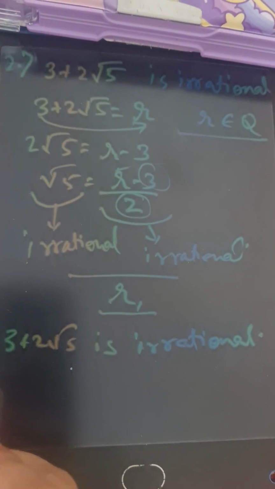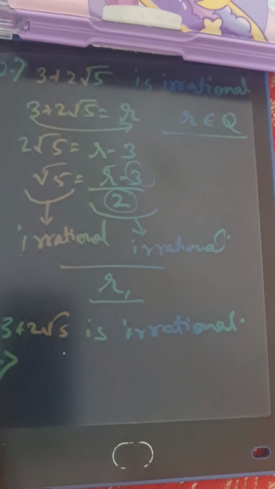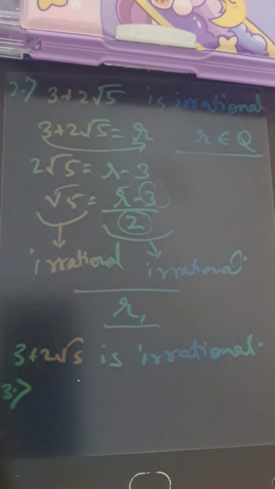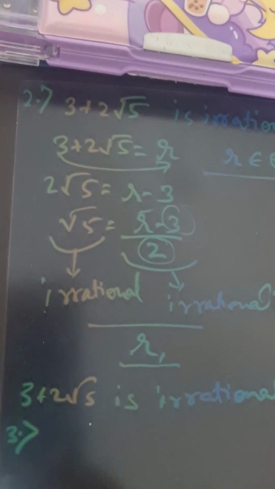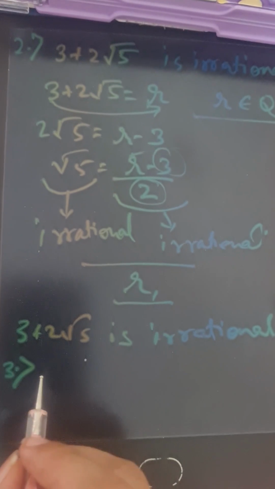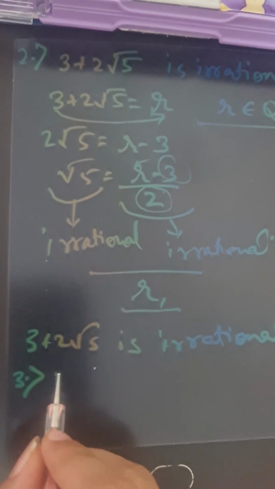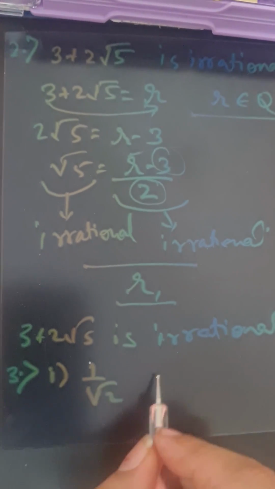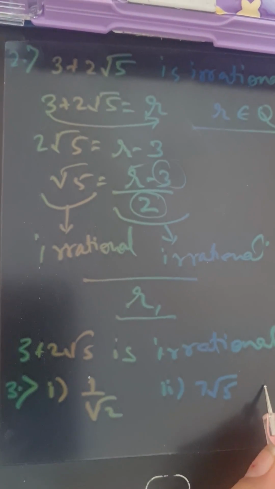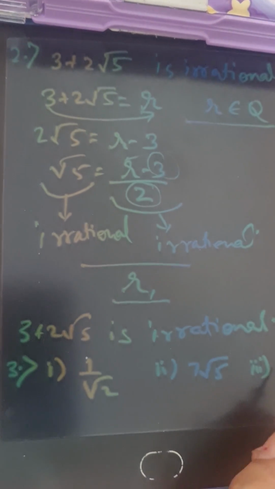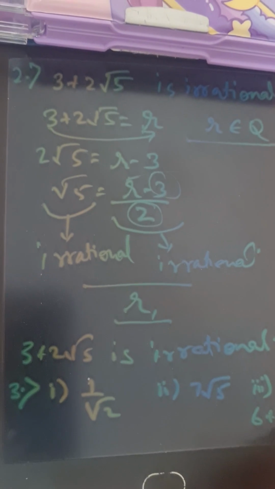Now question number 3. Prove that the following numbers are irrational. Here we have 3 numbers. The first number is 1 upon root 2, the second number is 7 root 5, and the third is 6 plus root 2.